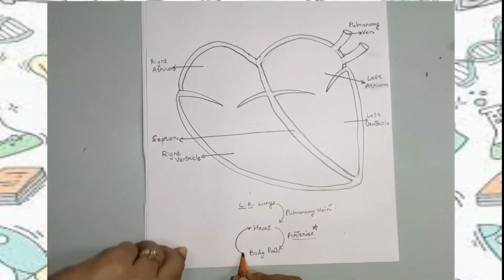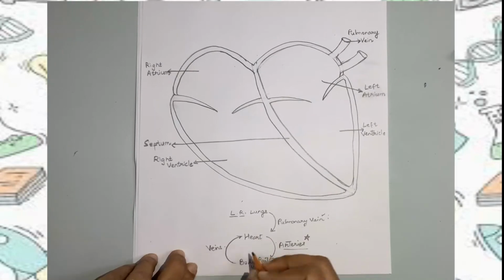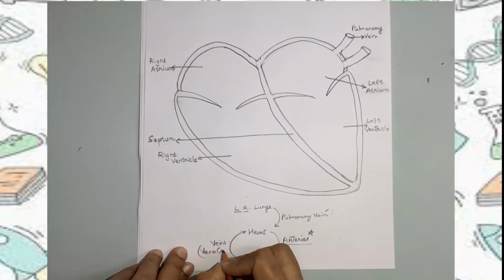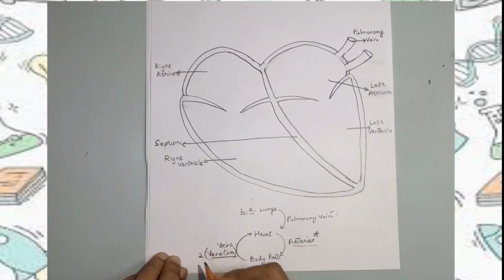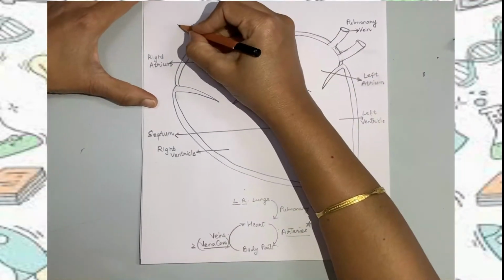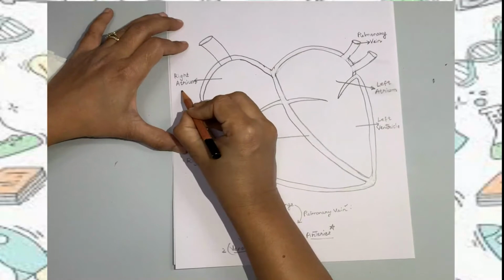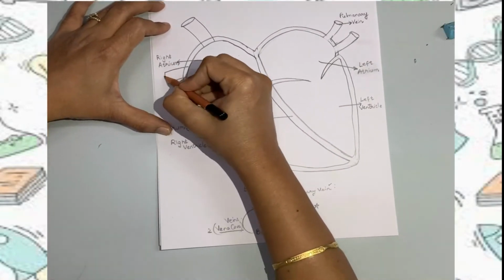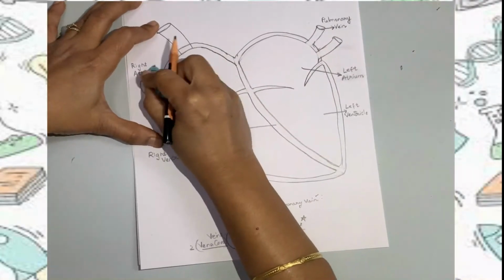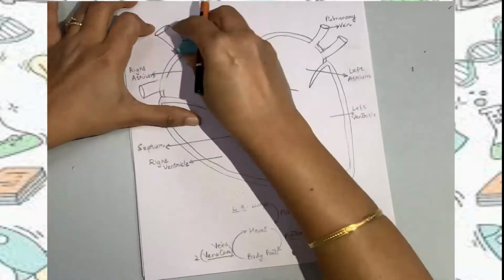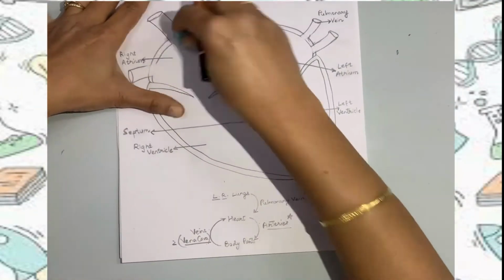From the body parts, we have also studied that the deoxygenated blood is all collected by veins. So let's draw veins. This larger vein is called the vena cava. Two vena cavas, one bringing the blood from the upper part and the other from the lower part of the body.